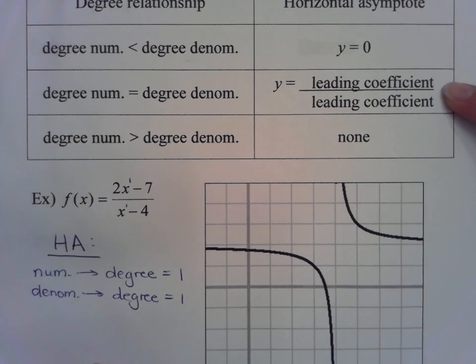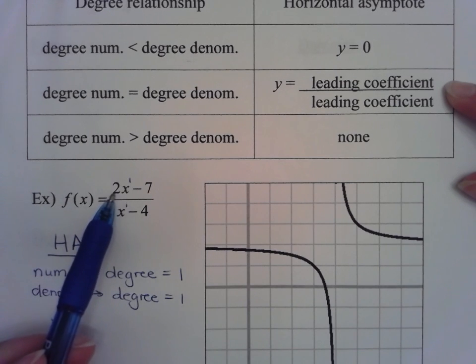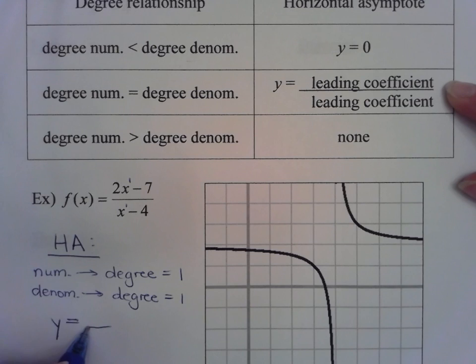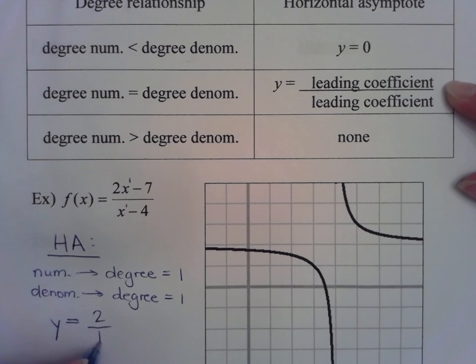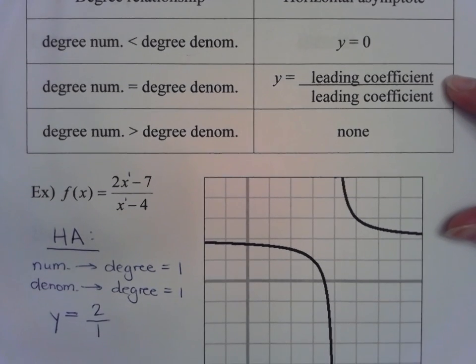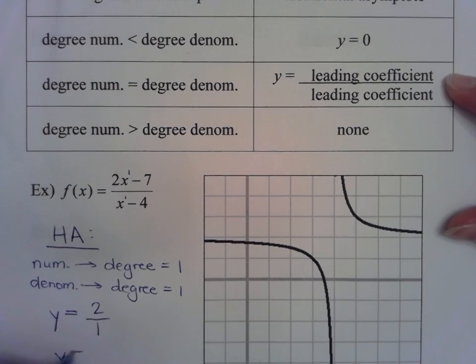Okay, so that means I have this scenario right here in the middle. They tie. They have the same highest power of x, the same degree. So for the horizontal asymptote, I'm going to divide the leading coefficients. The number in front of that highest power of x in the top is a 2. In the bottom, it's an implied 1 right here in front of x. So my horizontal asymptote is at 2.